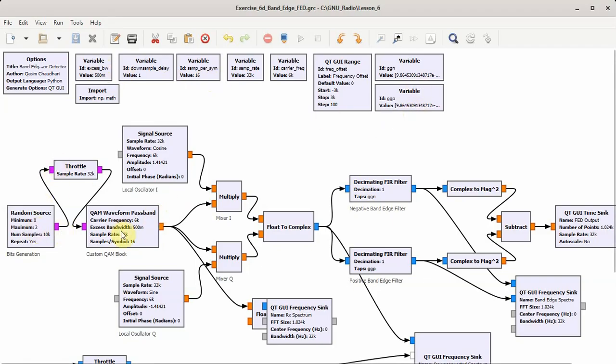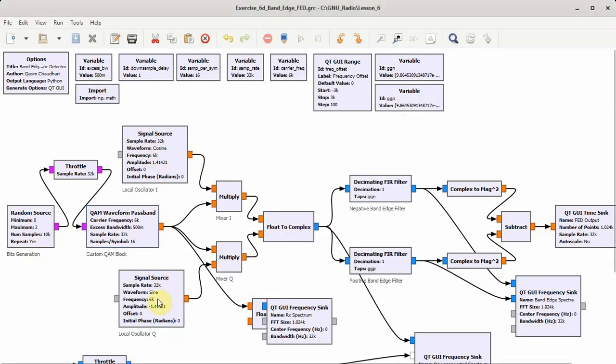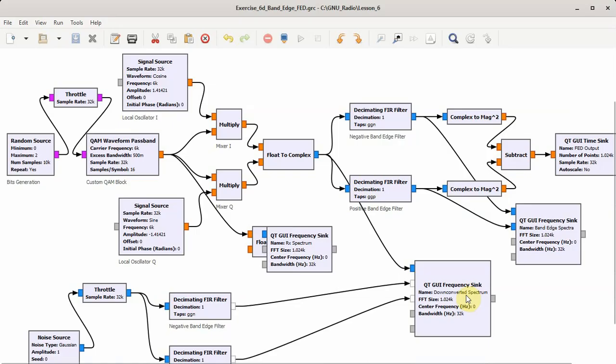After the bit generation, we have a custom QAM block where the frequency offset is introduced here, and the rest of the parameters take values from these variables. The down converter is implemented through a local oscillator, I and Q arms, and an I/Q mixer. This is therefore the down converted spectrum.